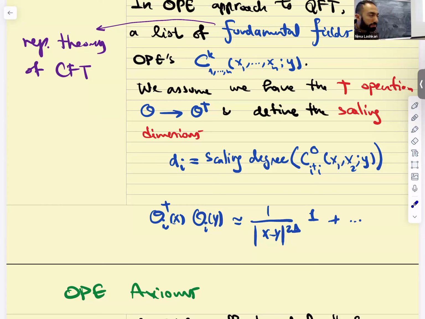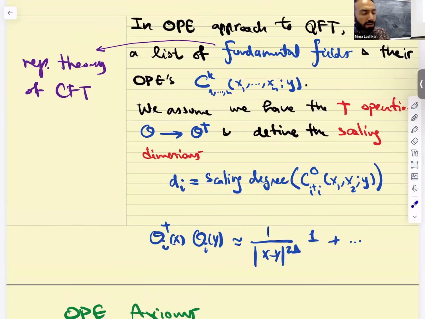But in general, this could be more general, and the scaling degree is encoded inside these OPE coefficients. To call them coefficients is a misnomer. These are OPE data, perhaps because they're functions. In CFTs, we separate the functionality and then talk about OPE coefficients. Is this concept clear? We'll get used to it a little bit more.